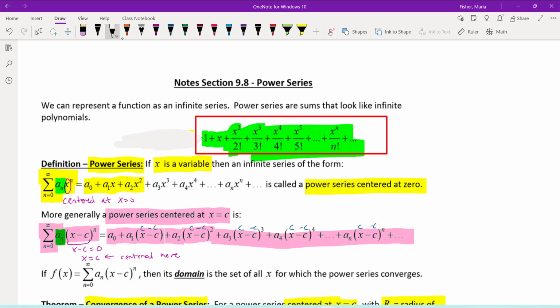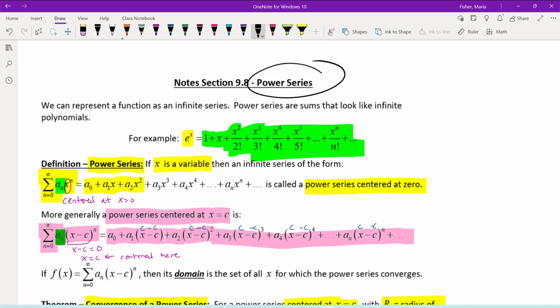Well, that's not bad because the derivative of 1 is 0, the derivative of x is 1, the derivative of x squared is 2x, x cubed is 3x squared, etc. If I ask you to integrate, not bad either because we know how to integrate. We're integrating powers. So the beauty of a power series is that we're really just looking at an x to the n, and we know how to find the derivative of x to the n pretty quickly, and we know how to find the integral of x to the n pretty quickly.